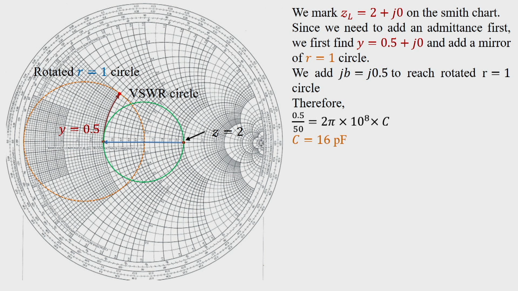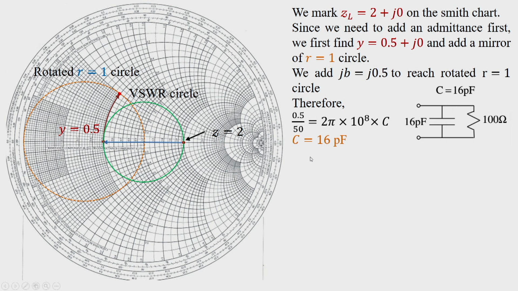So, at this stage we have found out this shunt capacitor that is required to be connected across this 100 ohm load, and that will give us the real part of the input admittance to be equal to 1.